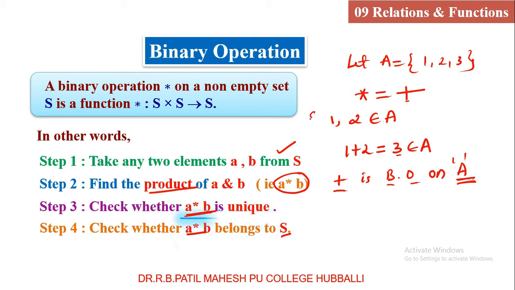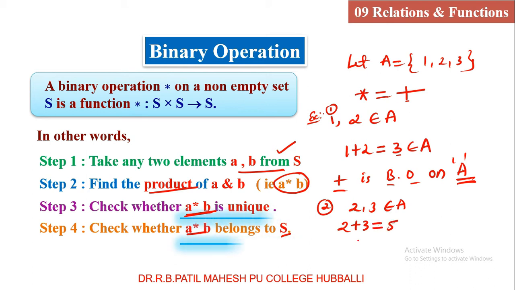Don't complete the answer with one example. Take one more. I will take another two elements, say 2, 3, which are there in the set A. First step, A, B from the set, yes. So now I am taking 2, 3 from the set. Second step, find A star B. Here star is plus, so 2 plus 3 is equal to 5.